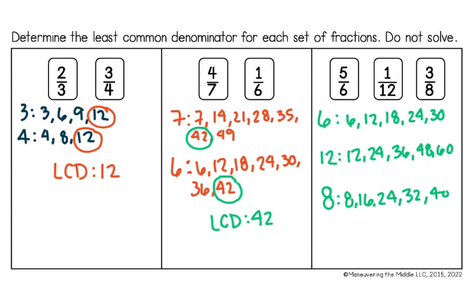For example, both 6 and 12 have 12 in common, but 8 does not have 12. So all 3 have to have the same number in common, and I can see that all 3 have 24 in common, so our LCD is going to be 24.